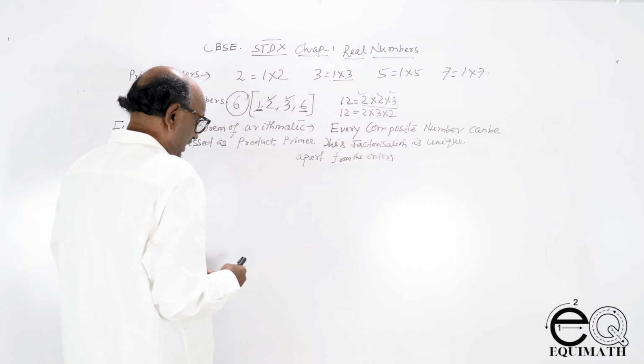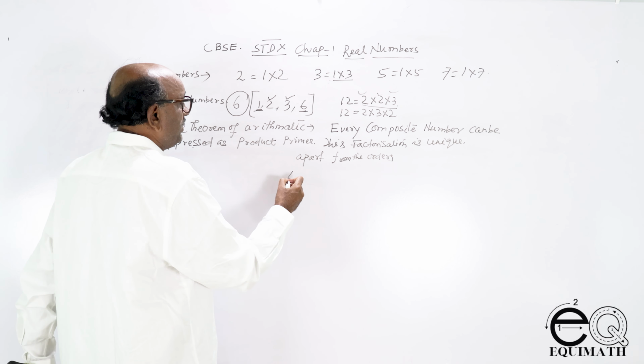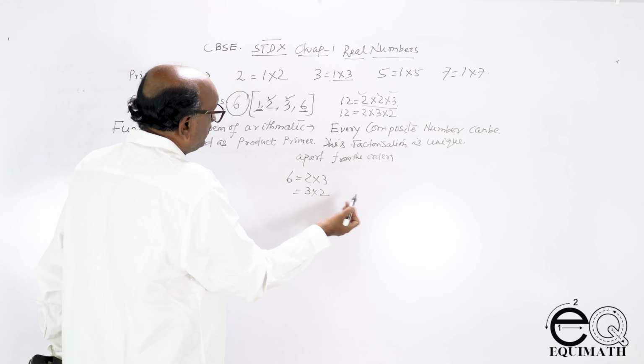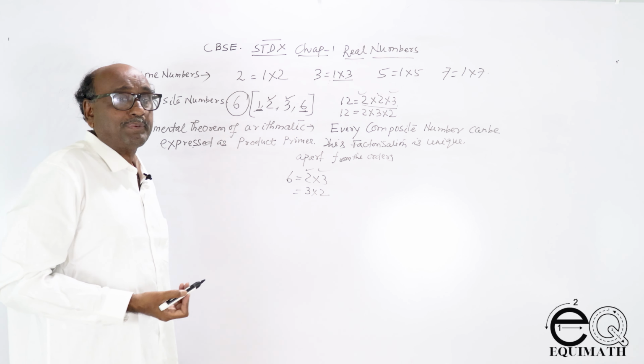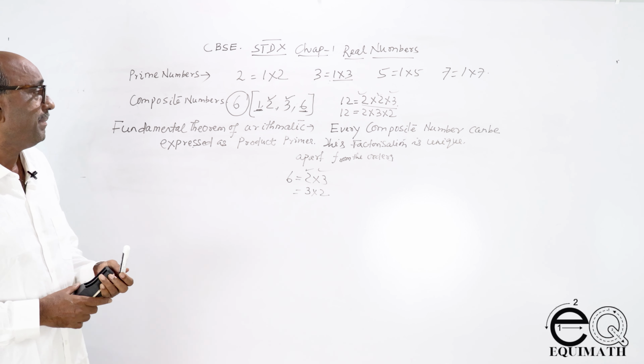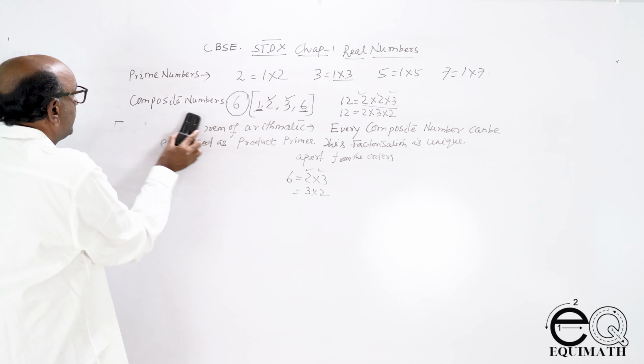Suppose 6 is 2 into 3 or 3 into 2, but you have to write 2 and 3, the product of primes. This is the fundamental theorem of arithmetic.